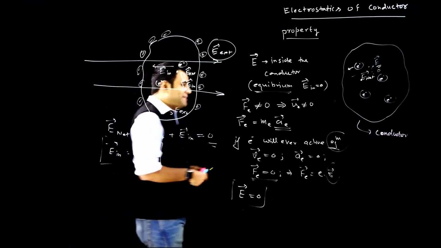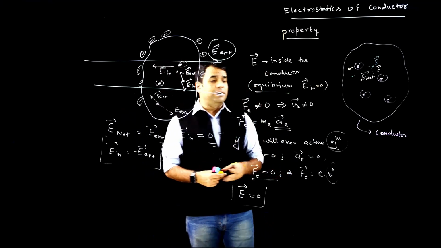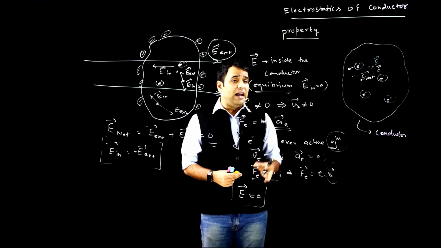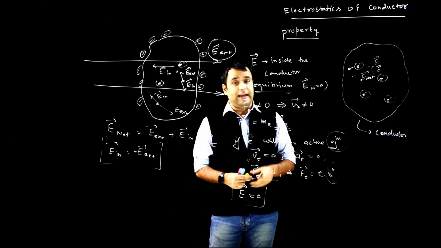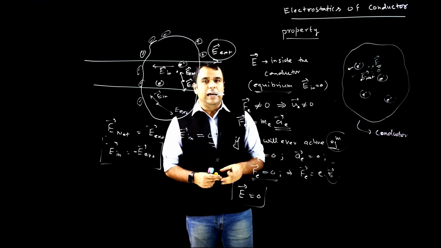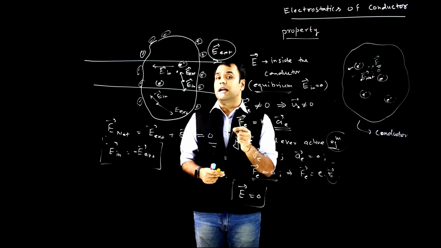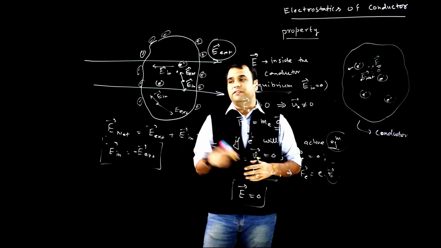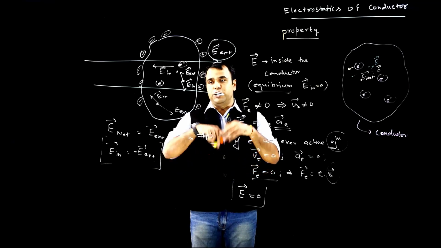So whenever you have a conductor at equilibrium, that conductor cannot have a non-zero electric field inside the conductor. And when I'm saying inside the conductor, I'm talking about each and every region where the free electrons are available. Ultimately this field is being made 0 because of the redistribution of the electrons.